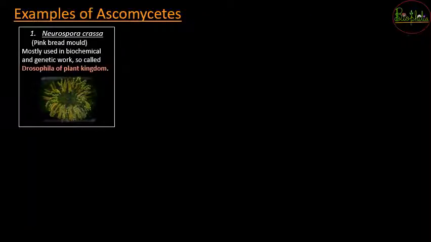Now let's understand some examples of Ascomycetes. So first example यहाँ पे हम देखेंगे that is Neurospora crassa. So Neurospora crassa is also called as the pink bread mold. So you might remember one more bread mold, that was the black bread mold. और black bread mold कौन सा था? Rhizopus था.